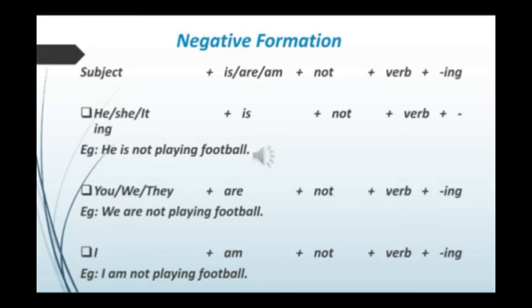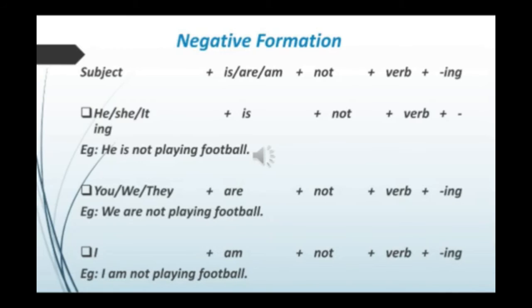So if the subject is singular, for example I am taking the sentence he is playing football. Here the subject is he and the auxiliary verb is. So next to is I am going to place not, then it becomes he is not playing football. This is in the case of if the subject is singular.